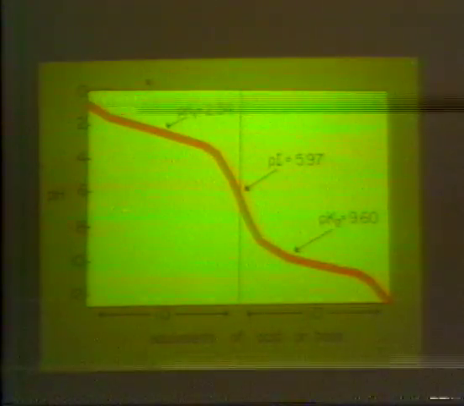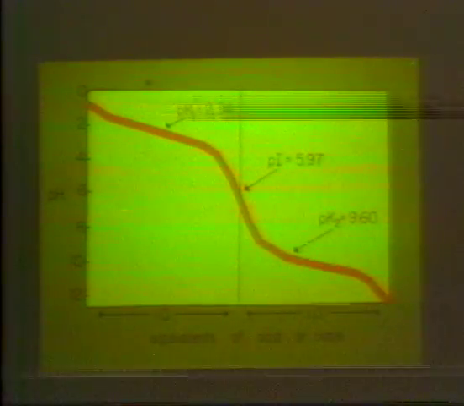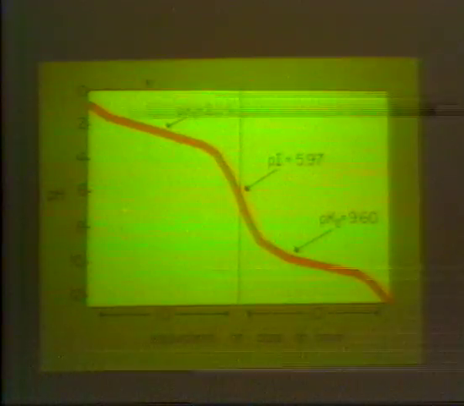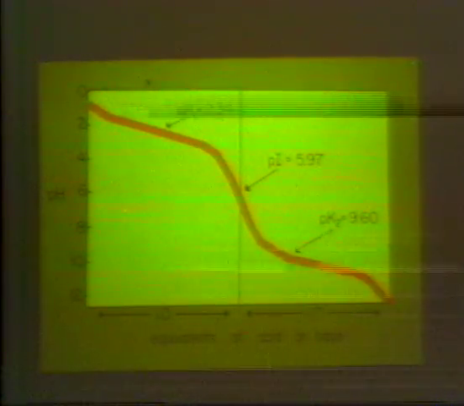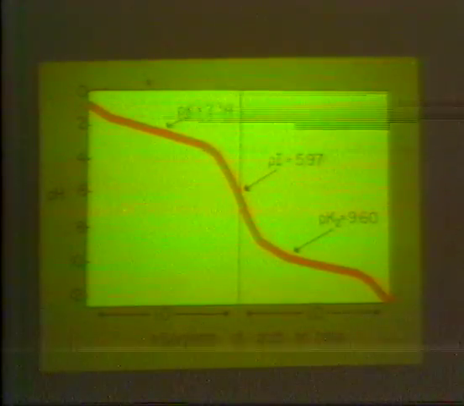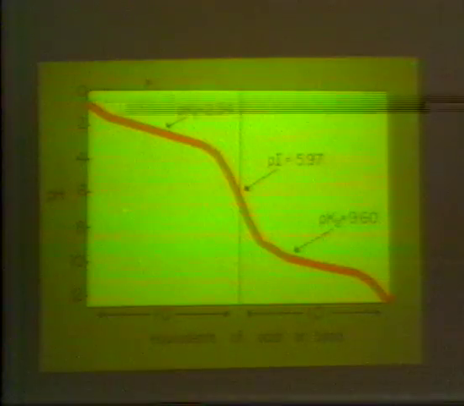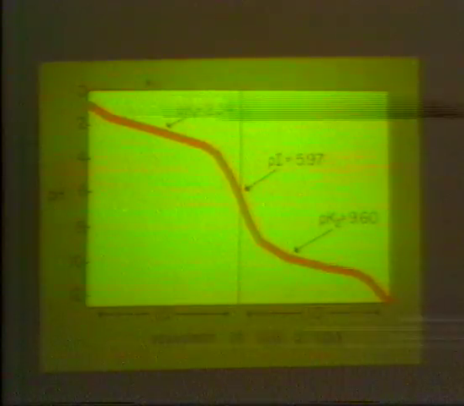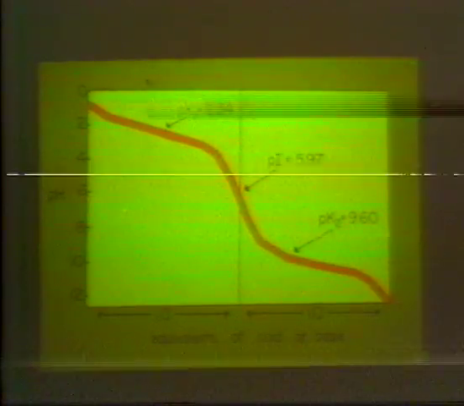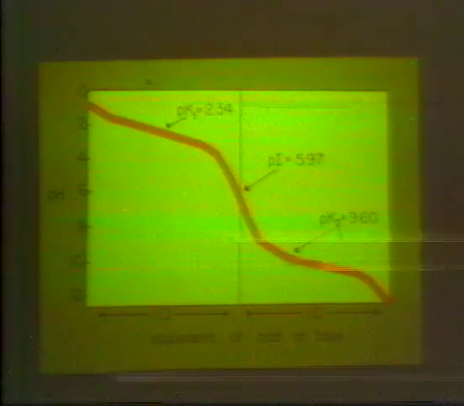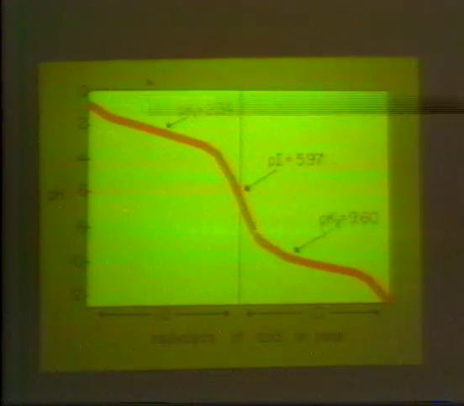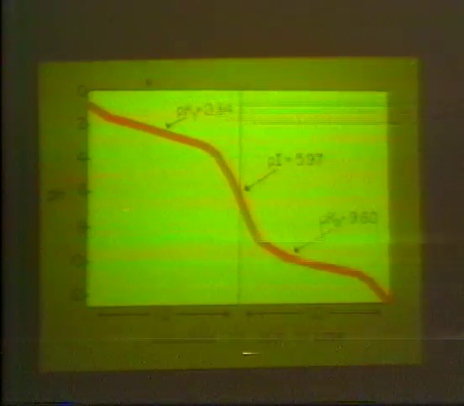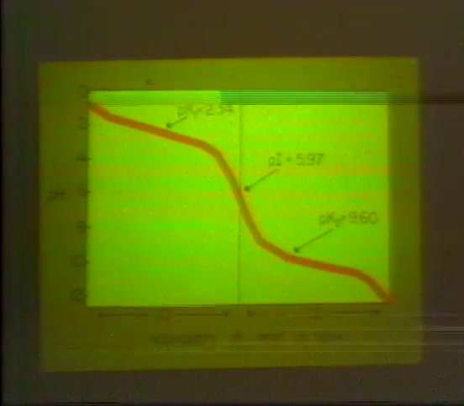You will remember and observe that, as with the titration of weak acids, and here we have 2 weak acids being titrated, as each one of them is titrated, a point of maximum buffering occurs. And this is a point where there is an equimolar ratio between the conjugate acid and the conjugate base of the buffer pair. These are the pK1 2.34 and pK2 9.60 positions.